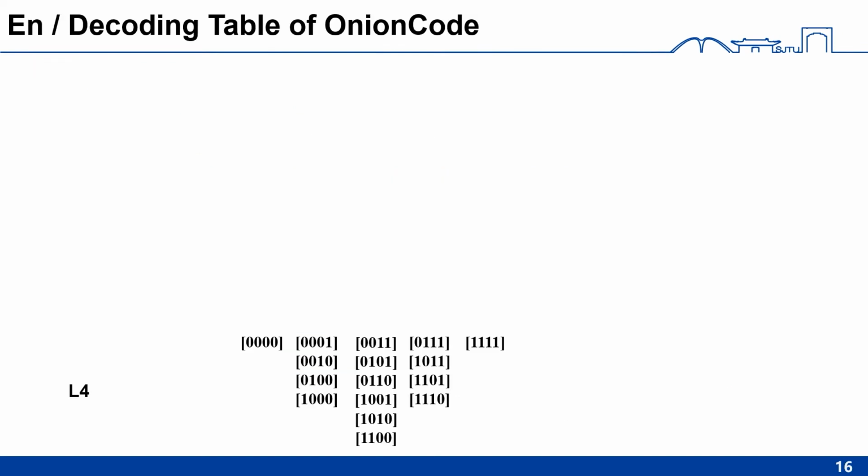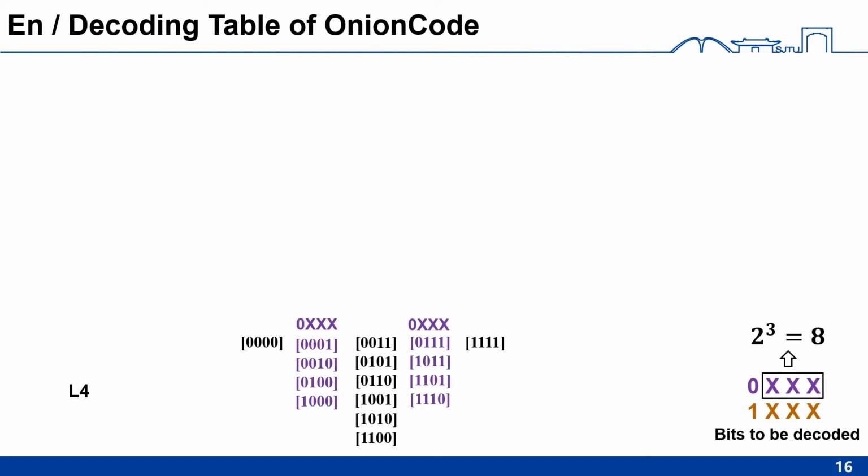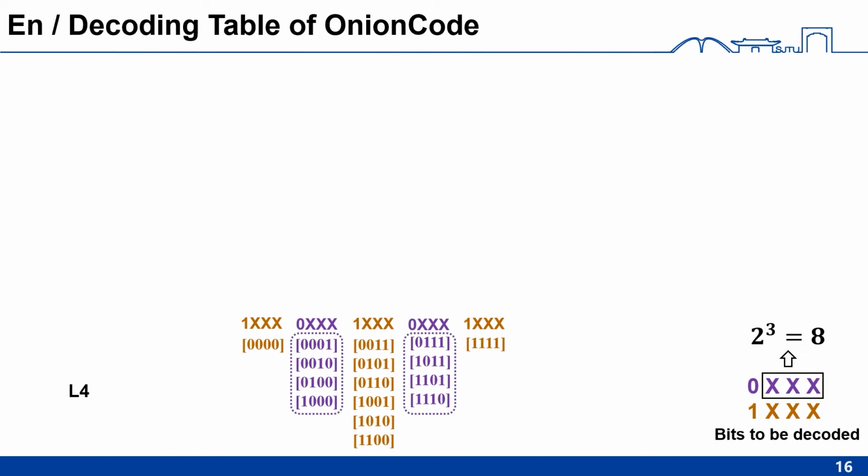The derivation of the codec table starts from the highest layer, that is layer 4. The bits to be decoded by layer 4 are 0xxx and 1xxx. The 3 x's need to accommodate 8 possible 0-1 combinations, so we map these 2 states to 0xxx and these 3 to 1xxx. Then, we focus on the 8 substates mapped to 0xxx.